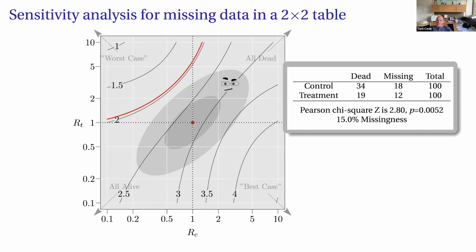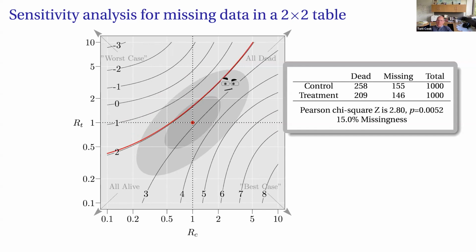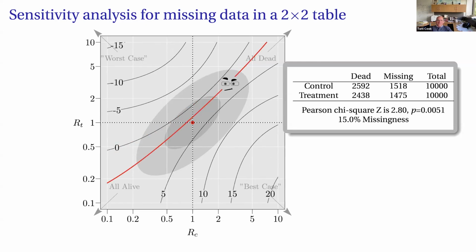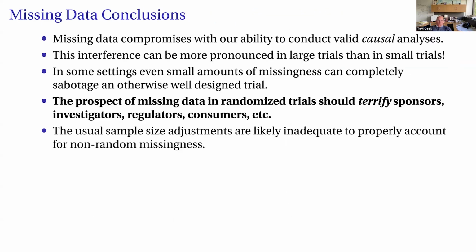Here's 15% missingness, but the missingness rates differ by treatment in this particular example. They're both robust. If we increase the sample sizes again, we lose. And if we increase the sample size again, we lose big time.